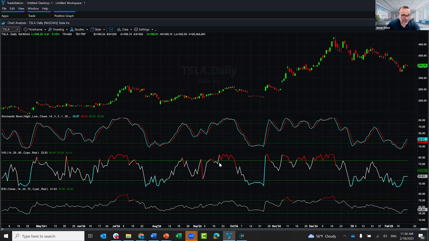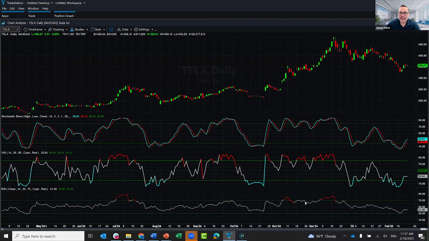If you compare the three, for example, right here, we have an overbought level that is not identified by stochastic and is not identified by the RSI. It's probably because of smoothing factors or differences in the formula, but you can see how the percent R identifies a little bit more overbought and oversold levels than its counterparts, the stochastics and the RSI.